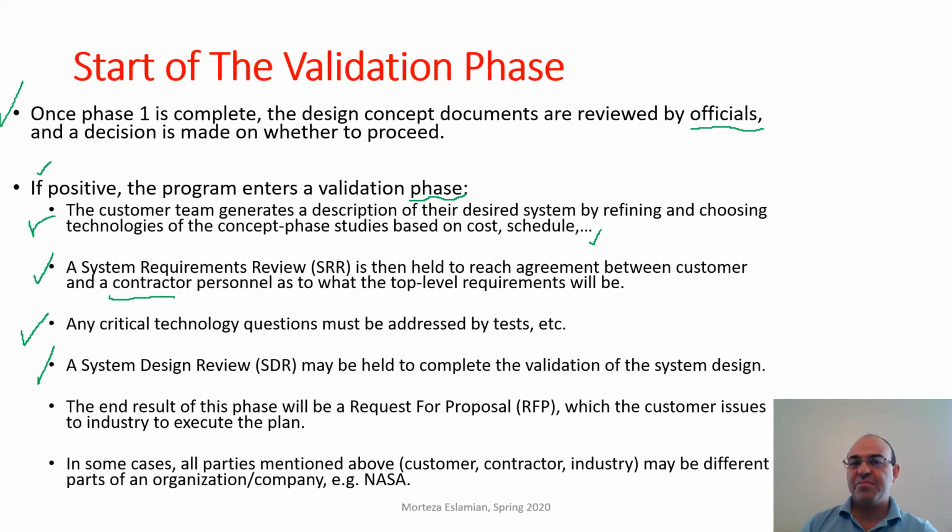Once the documents of the concept definition phase have been reviewed and approved, and part of it have been selected in order to clearly define the mission, then a request for proposal has to be prepared, which the customer issues to industry to execute the plan.